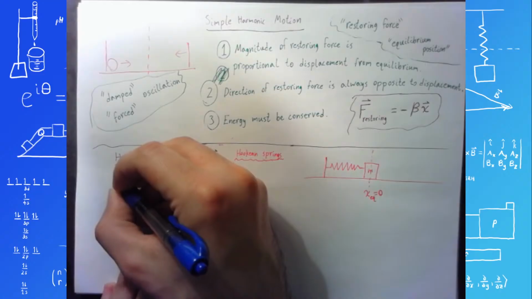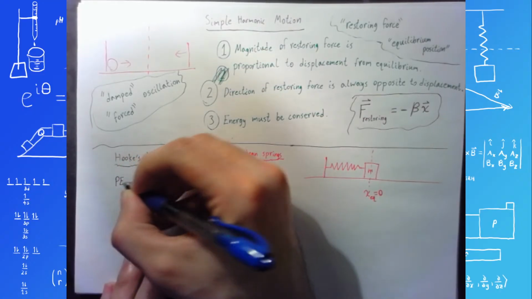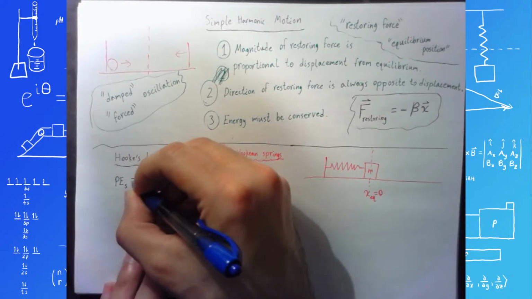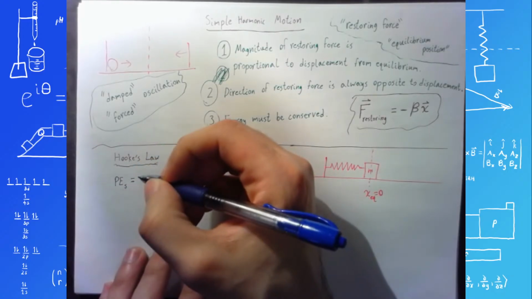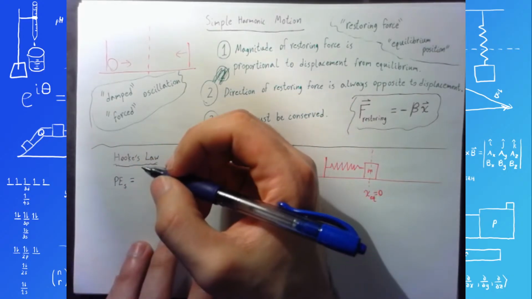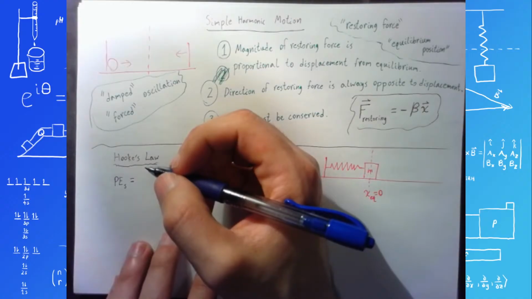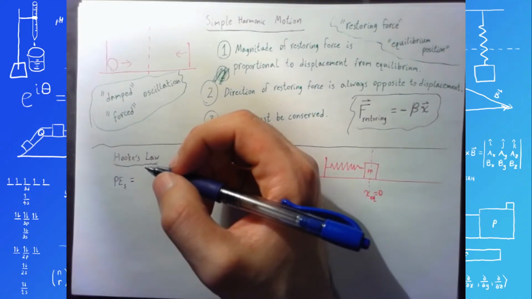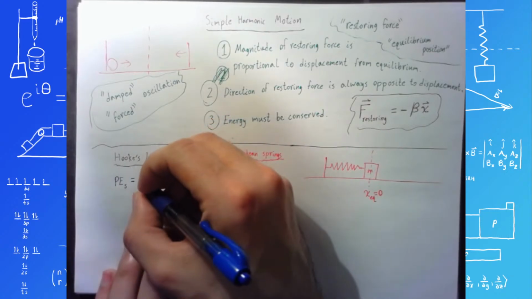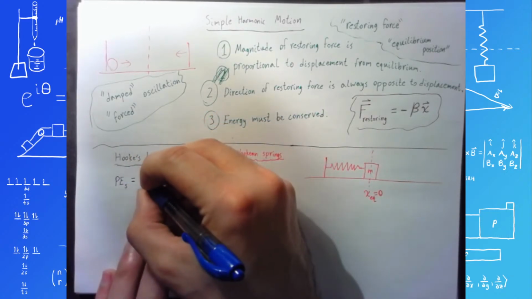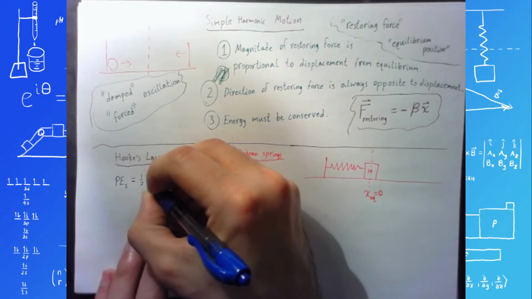The potential energy in a spring, I call it spring potential energy, but textbooks will call it elastic potential energy because technically it's not just limited to springs. You can also have it in things like rubber bands and whatnot. But spring potential energy, elastic potential energy, whatever you want to call it, is equal to 1/2 kx squared.